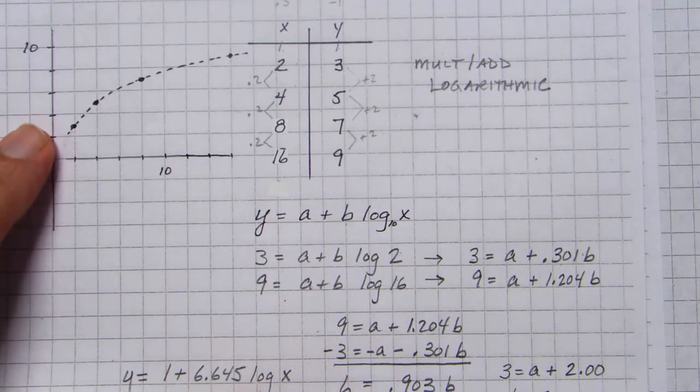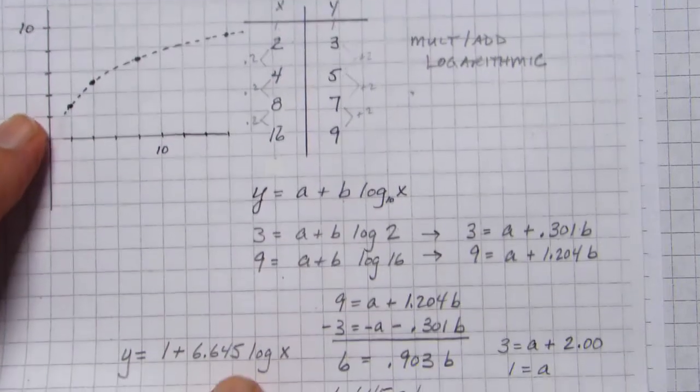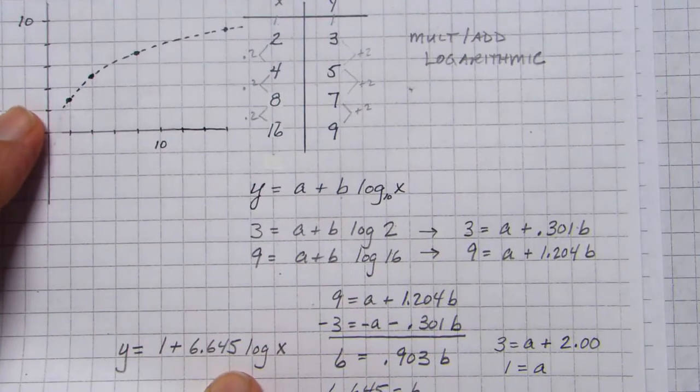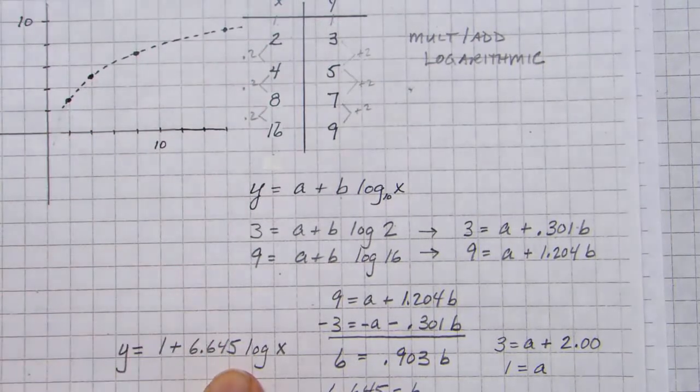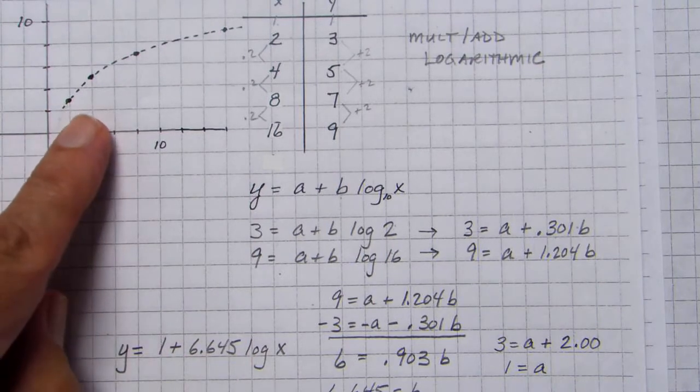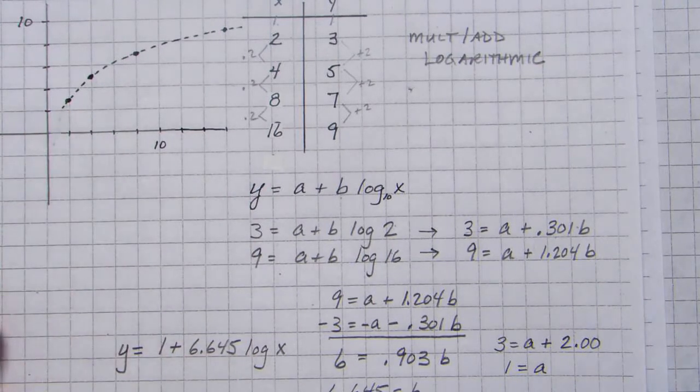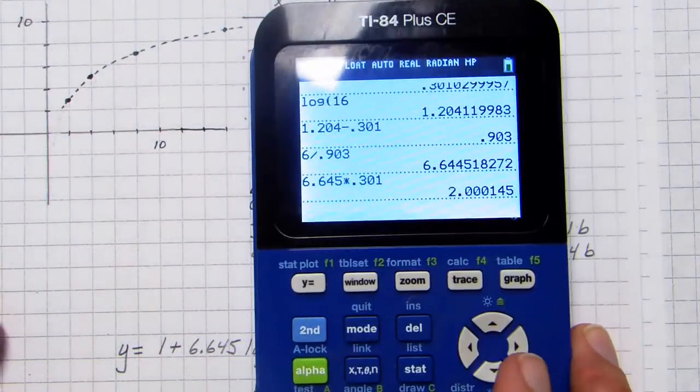Now I could probably check it by doing regression on Desmos or regression on my calculator. I could plug in some of these points to see how well they fit the equation. I could even graph this and see if it kind of matches the graph that I have right here.